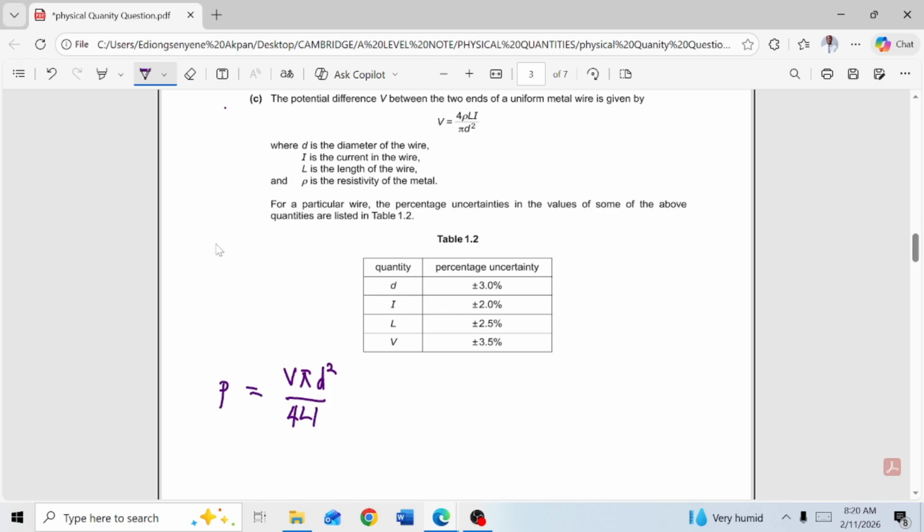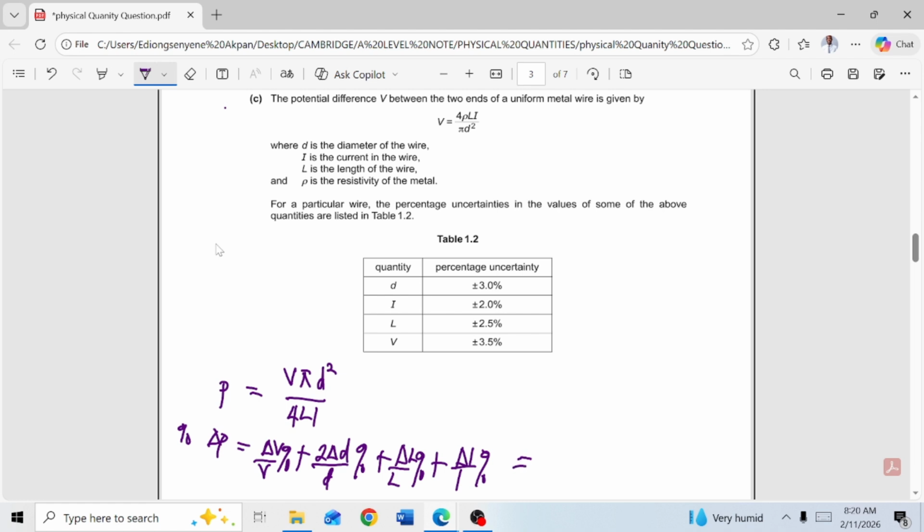When we want the percentage uncertainty in density, you will do uncertainty of V over V, the percentage of that uncertainty, plus 2 times the percentage of uncertainty in D over D, plus uncertainty in L over L, plus delta I over I. So remember, you can see that pi and 4, I have not brought in anything because they are constants. Constants don't contribute to uncertainty.